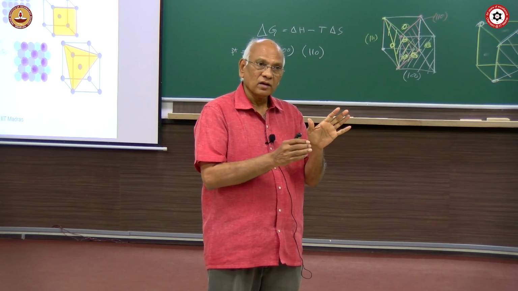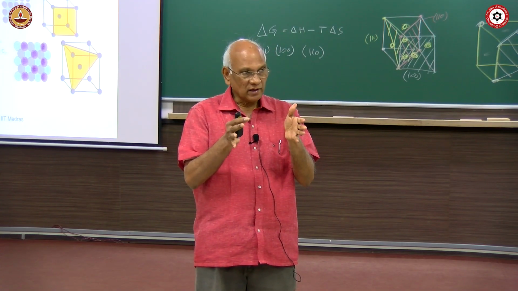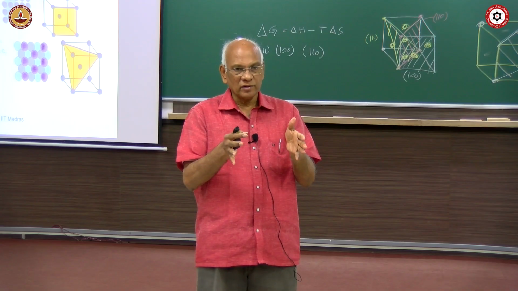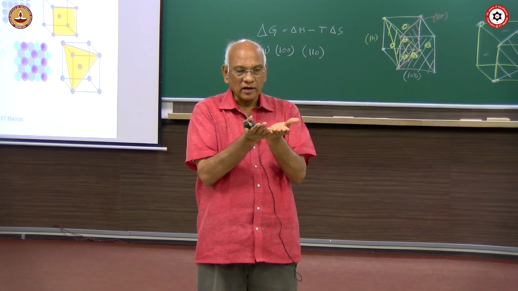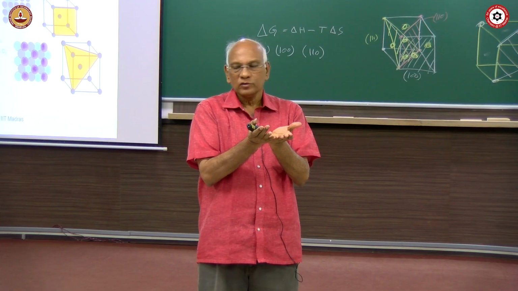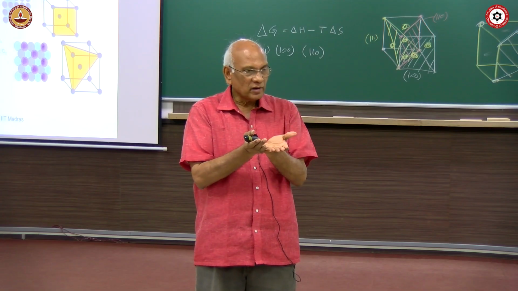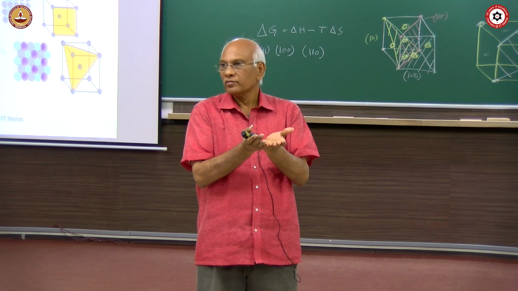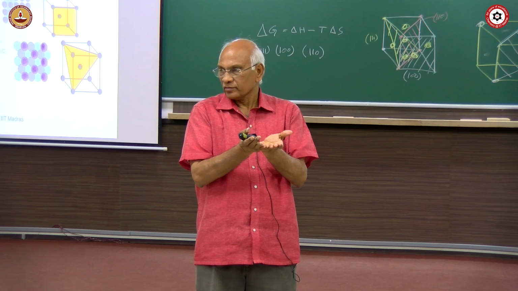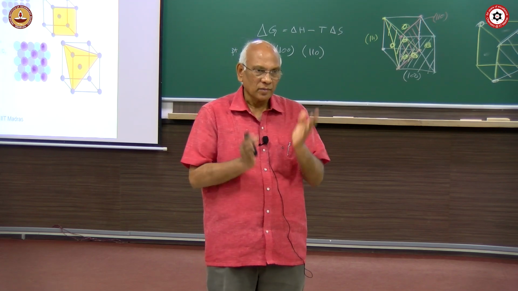These things cannot be seen with the naked eye, but today it is possible to see the surface: how atoms are arranged, which atomic arrangement is more stable, which is more active for adsorption, which is more reactive, the catalytically active plane. All these things are possible.